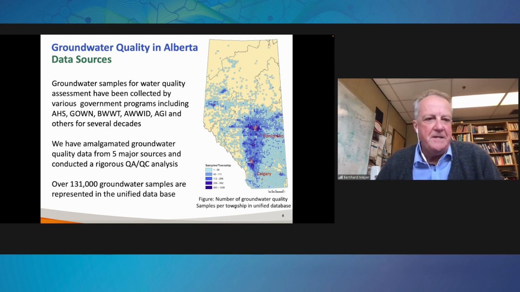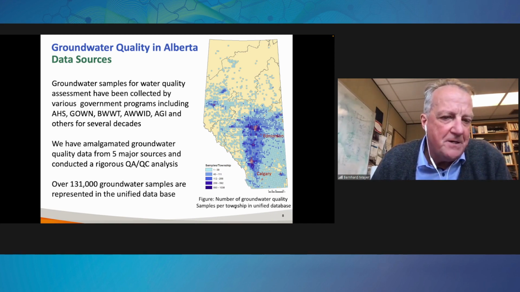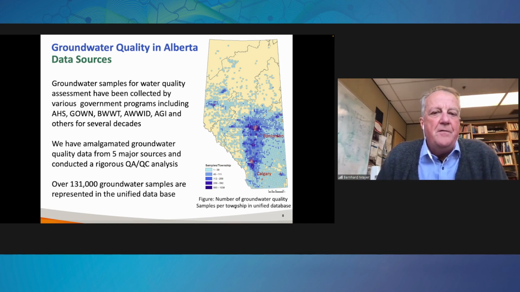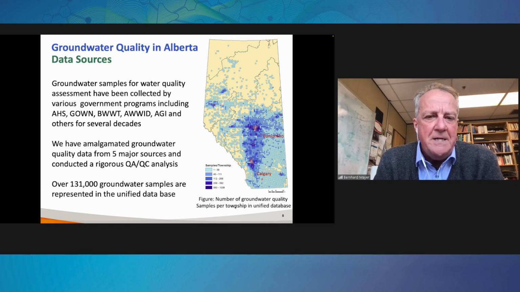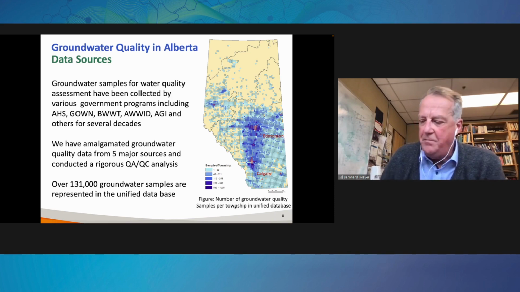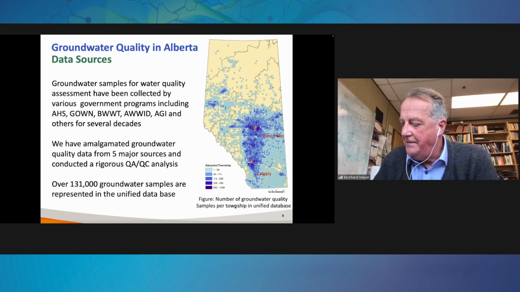That has resulted in 131,000 groundwater samples with groundwater quality information distributed across Alberta. On the right-hand side, you see the townships of Alberta, and the color in the townships indicates how many groundwater samples we have with high-quality groundwater information.